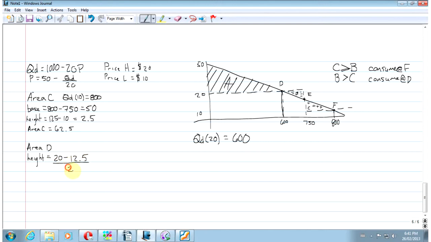And the base is this 750 minus 600. Okay, so that makes area D 75 times 7.5, which makes it 562.5.